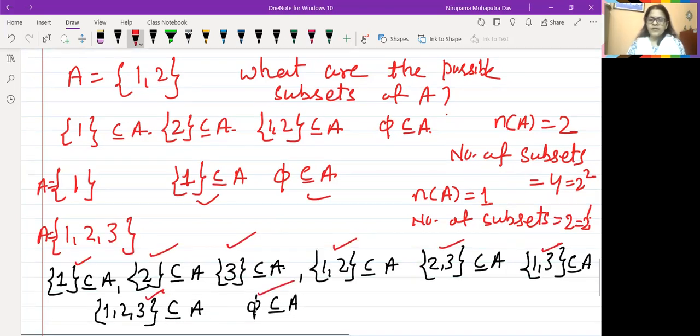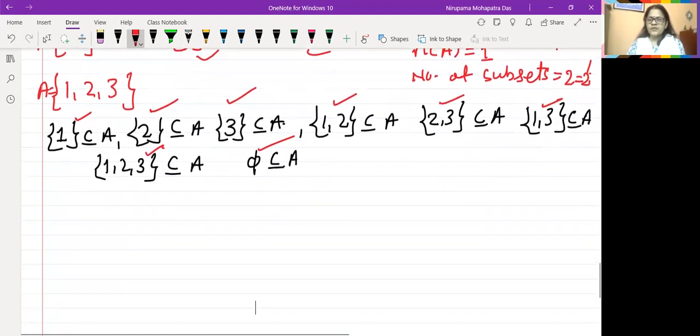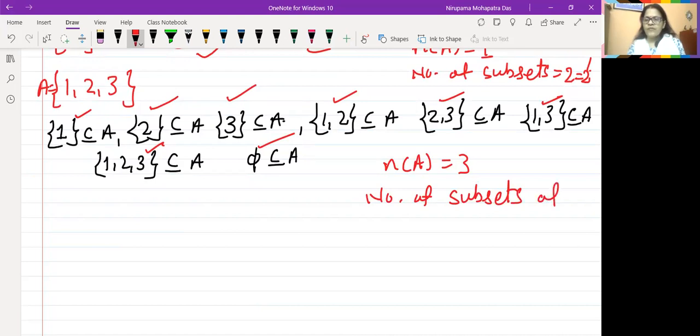It means when A has 3 elements, the number of subsets is equal to 8, that is equal to 2 to the power 3.